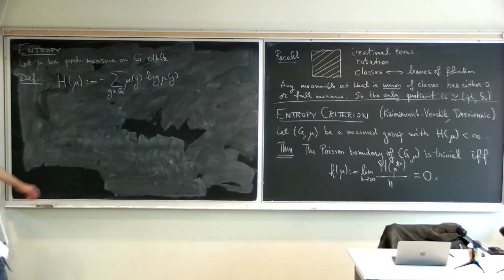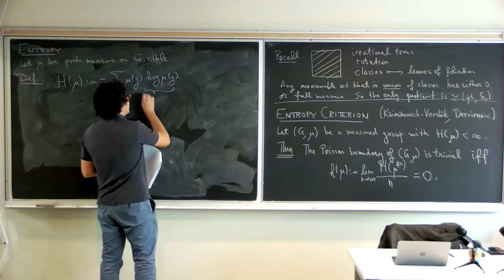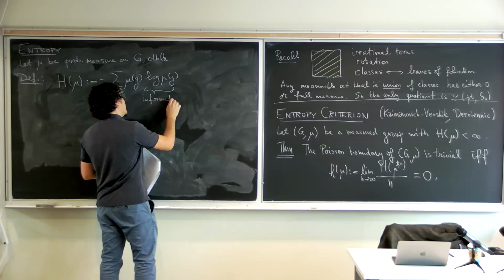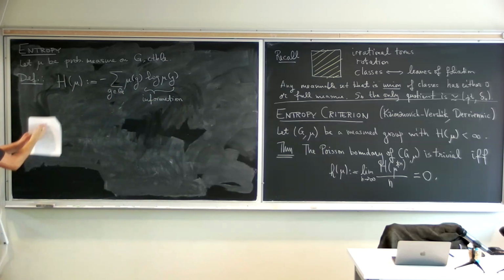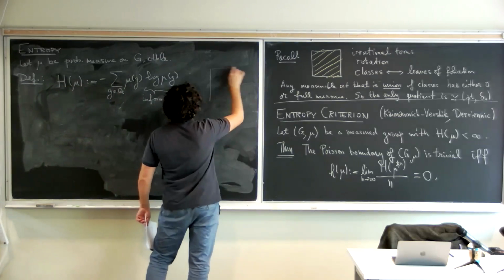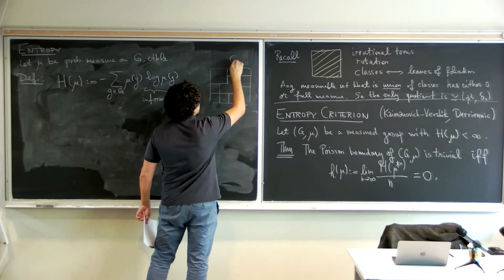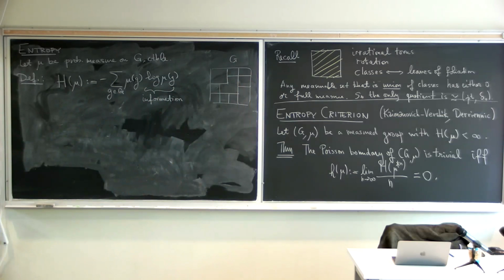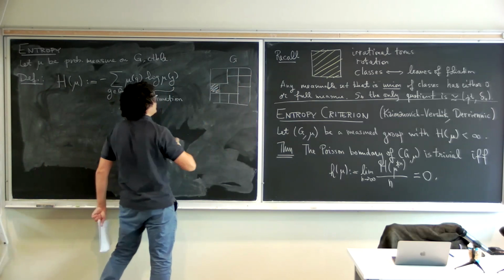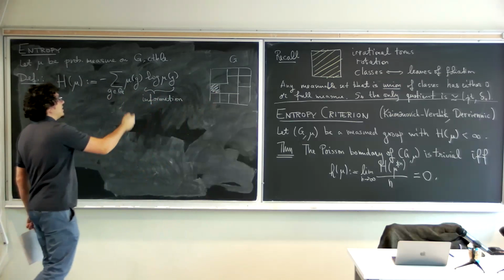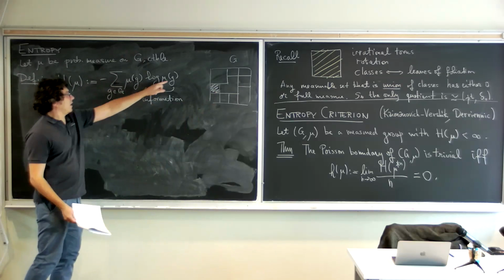The idea is that this is the information given once you perform your experiment in G, as your space of all possible outcomes is G. So you pick a random element, and if the probability of some element is very small and you happen to pick it, then the information you're gaining is very high. That's why it's minus log of mu(g).